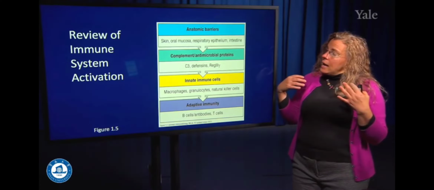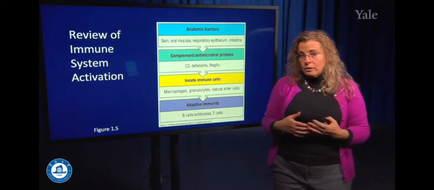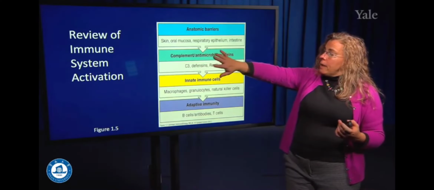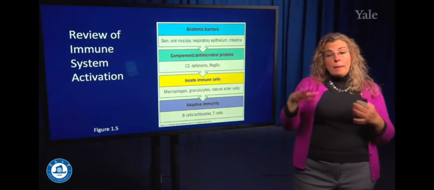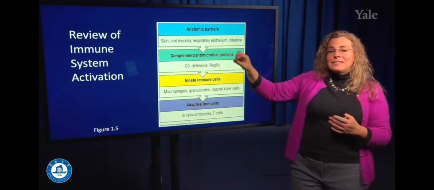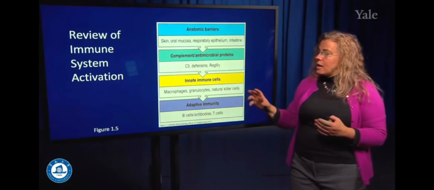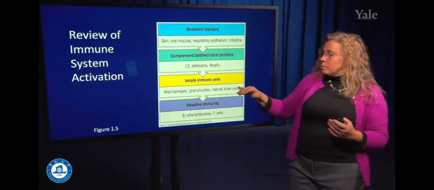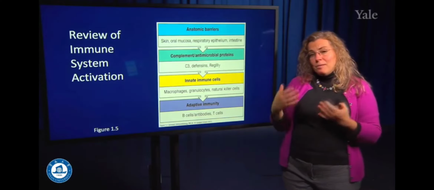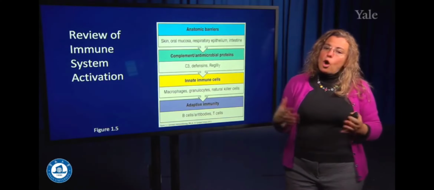If those anatomical barriers are breached or broken, then we have some complement and antimicrobial peptides. You'll learn about those in coming lectures. But those are basically some chemical compounds that also might be able to eliminate pathogens. And they're part of the innate immune response. But the really big part of the innate immune response is those innate immune cells, those myeloid cells. And you're going to learn about all those different types of myeloid cells.